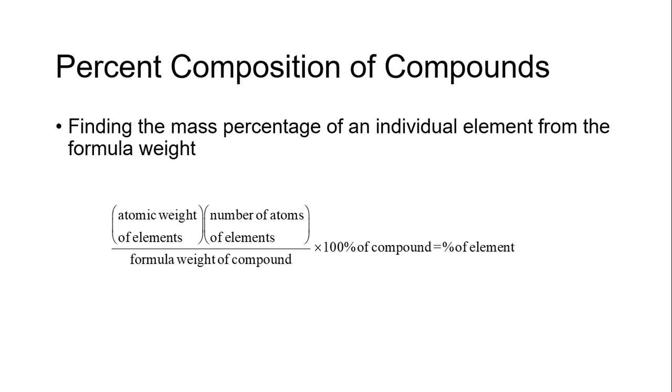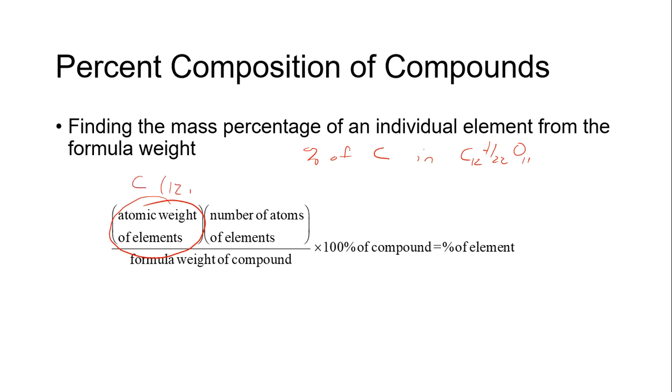So the way we calculate the mass percentage of an individual element is we take the atomic weight of that element. So, for instance, if we want to know the percent of carbon in the one we just found, C12H22O11, then we take the atomic weight of the element, which would be carbon.